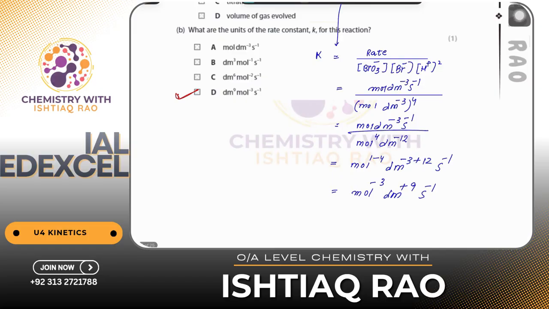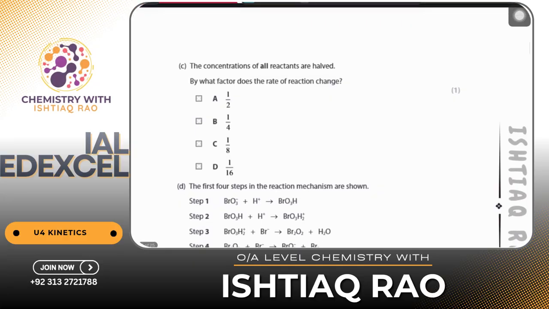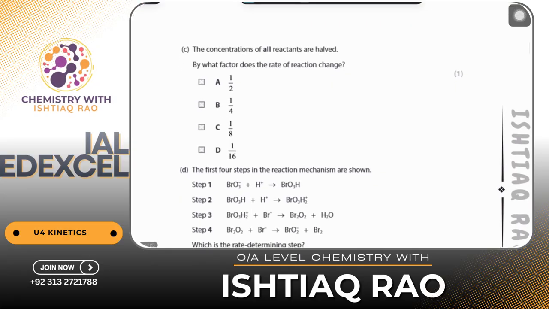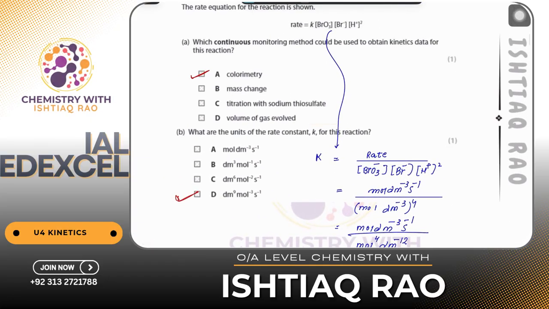The concentrations of all reactants are halved. By what factor does the rate of reaction change? So you can see I have the rate equation, right? They have given the rate equation.